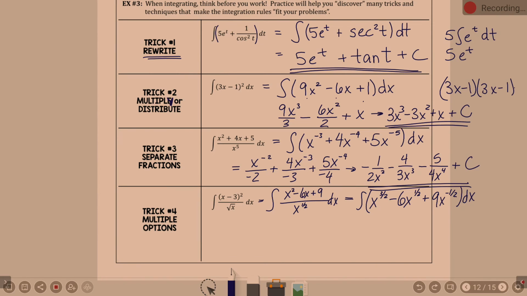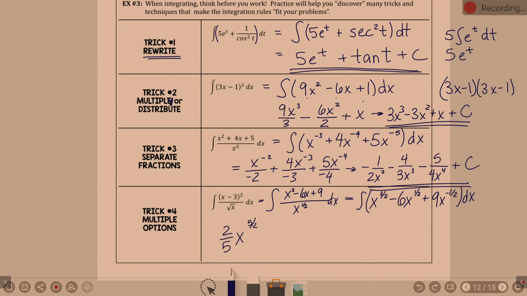Dividing by 5/2 is multiplying by 2/5. Is it too soon, or can I go ahead and do that? Because ideally what you will get into the habit of is this is 2/5 x to the 5 halves. Okay, that's the habit you'll need to get into. If it's too soon, then by all means, it's x to the 5 halves divided by 5 halves.